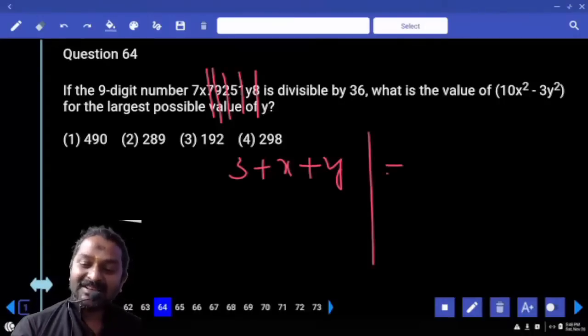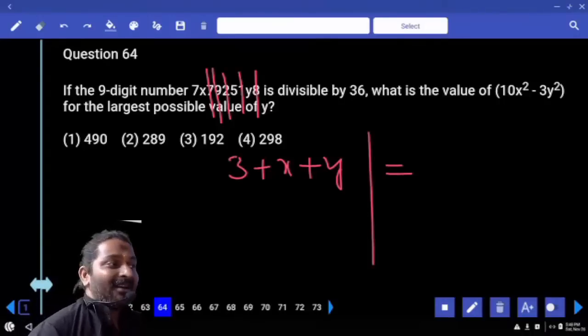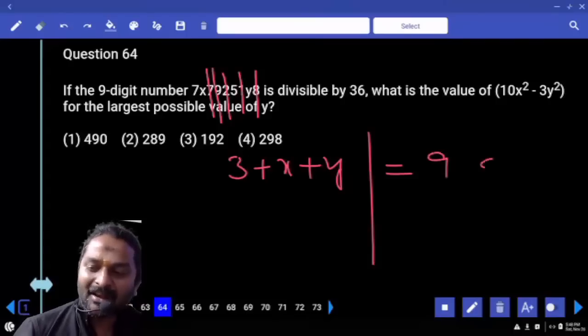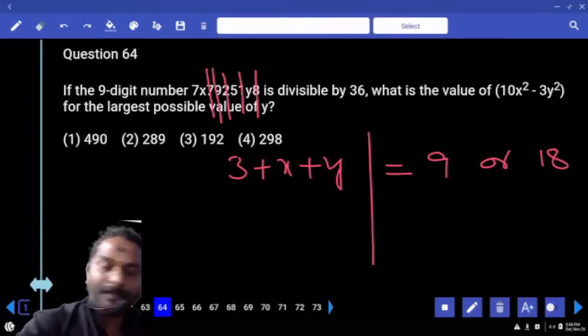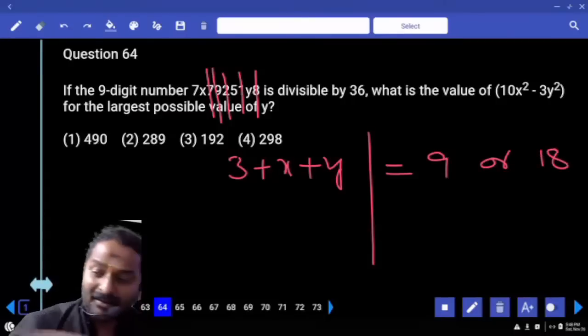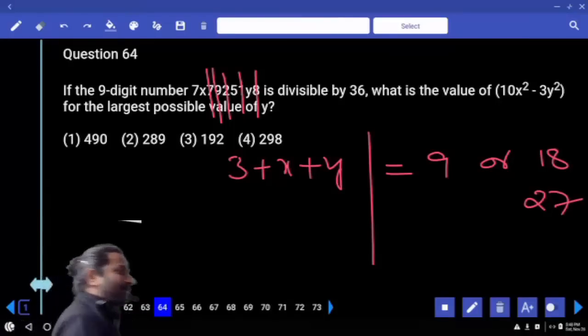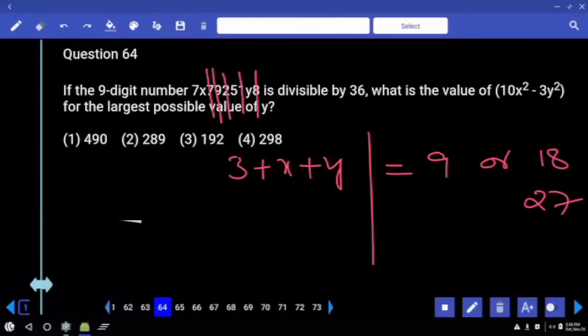And some of these numbers may be 9 or a multiple of 9. Agreed? Will that be equal to only 9, or can it be 18 also? Or can it be 27 also? Come here, I need some data. 3 plus x plus y, did you understand up to here?